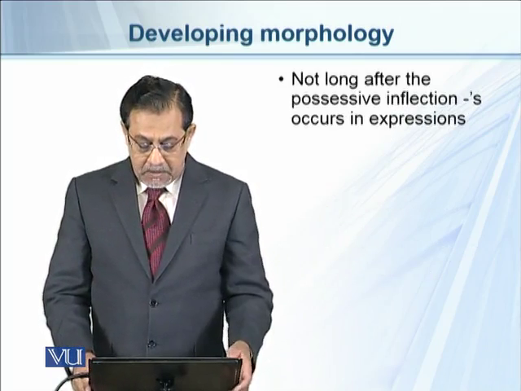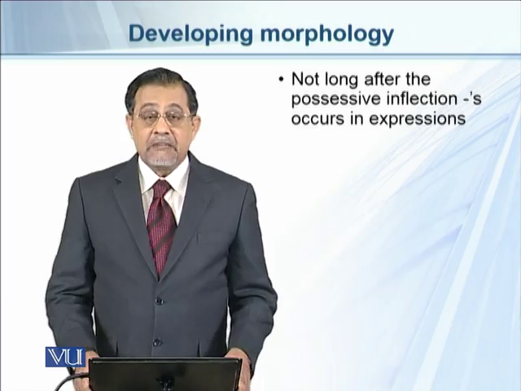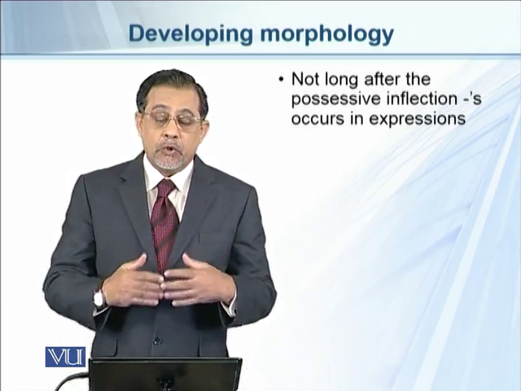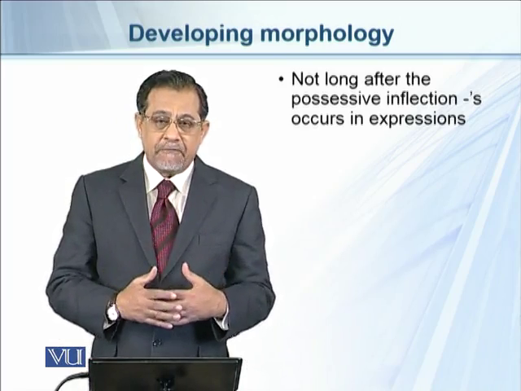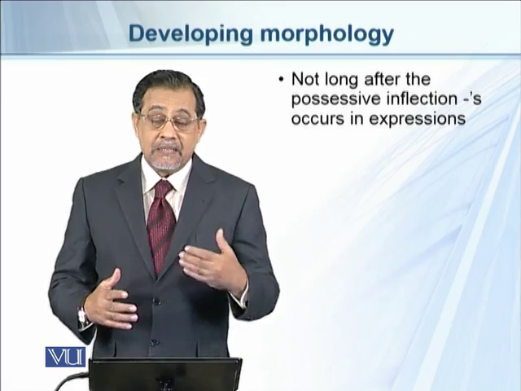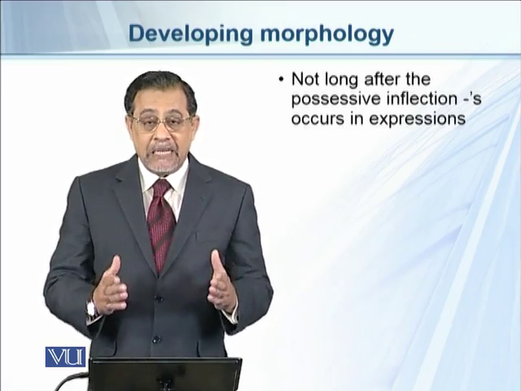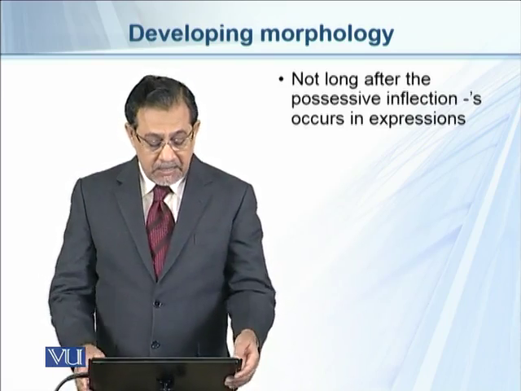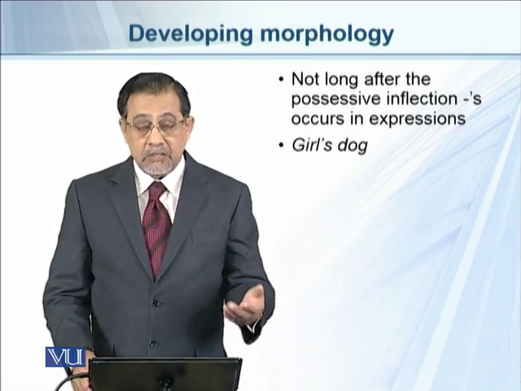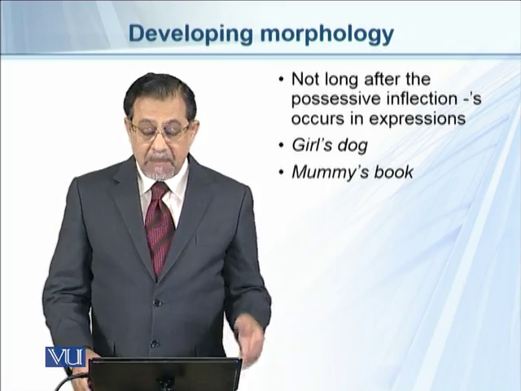Not long after, the possessive inflection occurs in expression. Now, after using the ing form with verbs, after learning plural s, both s and es, the child now comes to the apostrophe s, and we have expressions like girl's dog and mummy's book.